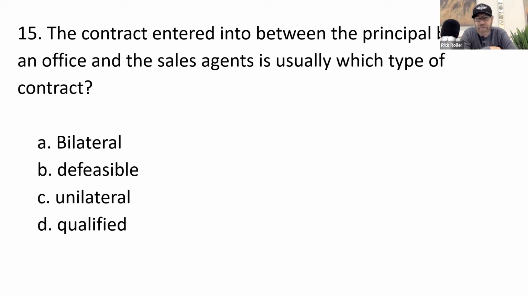So this is a contract between a principal broker and an agent. And what happens with these contracts is the broker offers to pay if the agent brings the deal to the table and puts it all together. So it's similar to paying a reward on a reward poster. They're not going to pay unless the agent takes the actions necessary to make all this happen.